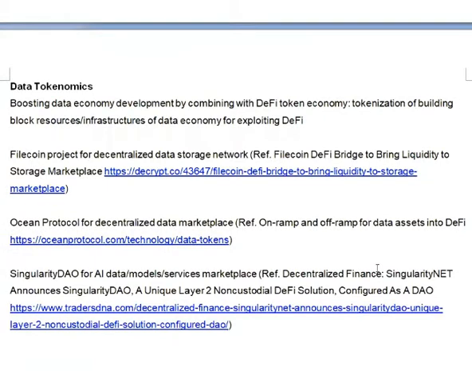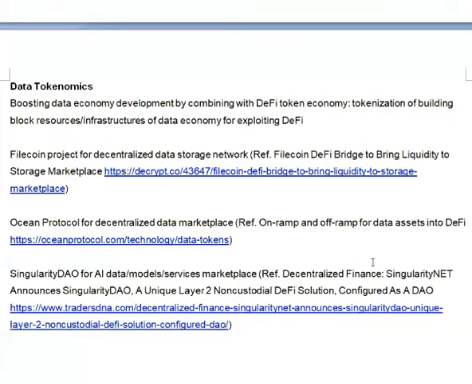Okay, so first is the main topic. What came before was some introduction, and the main topic that I'm going to talk about is data tokenomics. Data tokenomics is something I made. It is a combination of the data economy and the token economy.